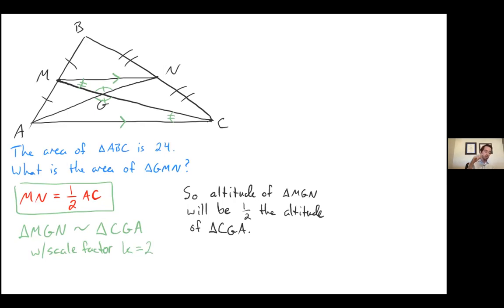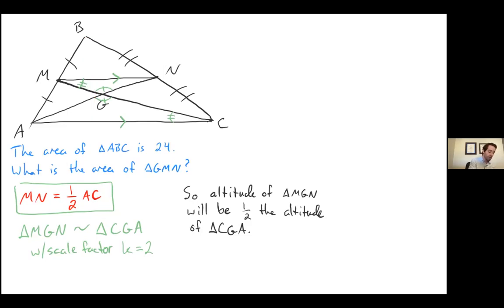That means that if we consider the bottom half of the altitude of the entire triangle to be split into two pieces, one of them being up here and the other being down here, then triangle AGC gets 2 of those pieces, and triangle MGN gets 1 of those pieces.